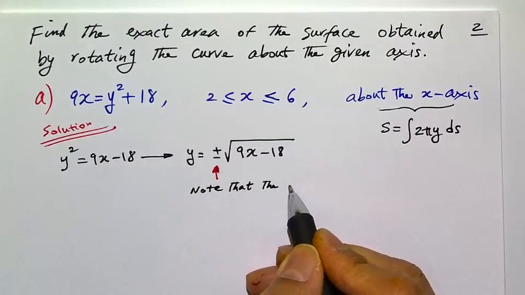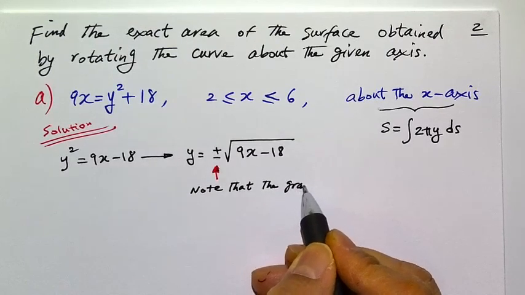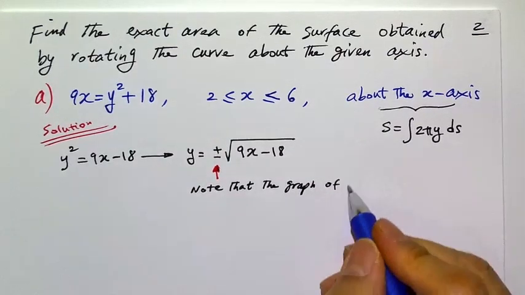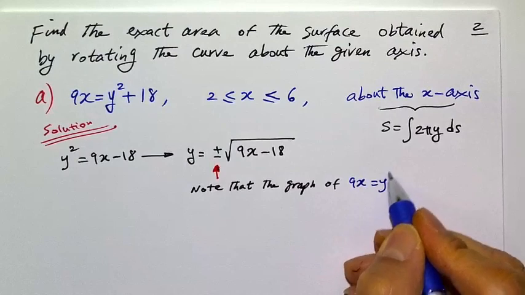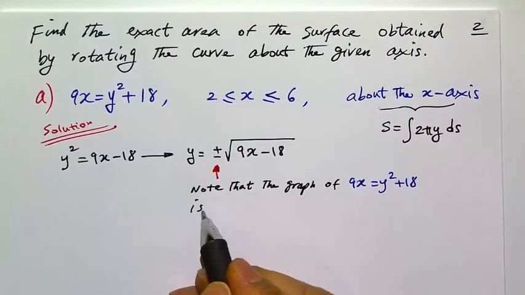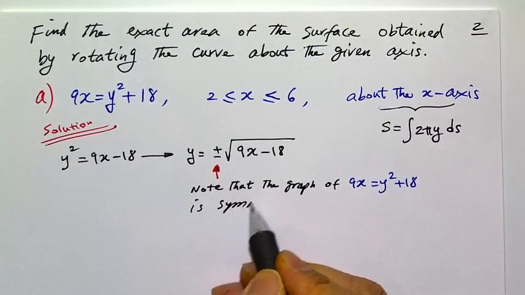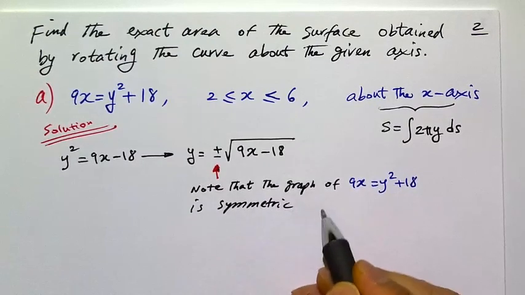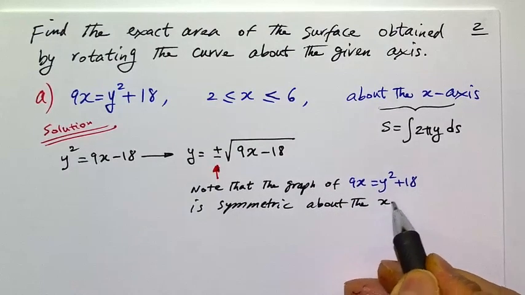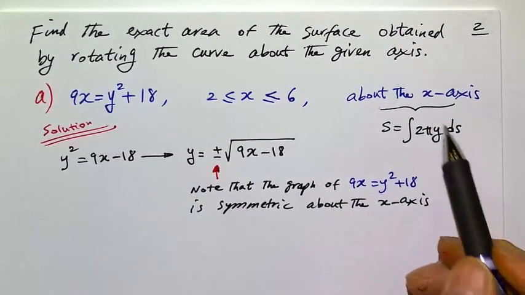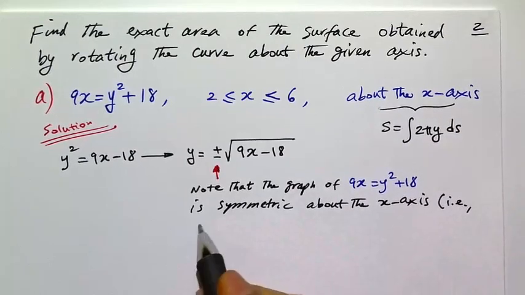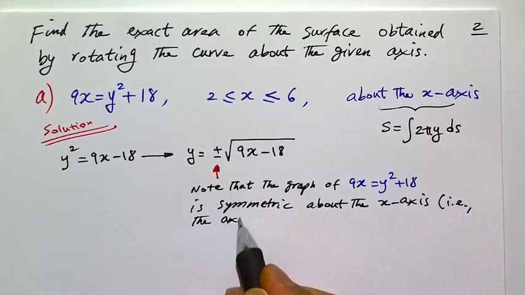Let me make a note of that: the graph of the original expression, 9x equals y squared plus 18, is symmetric about the x-axis, which, by the way, is our axis of rotation.